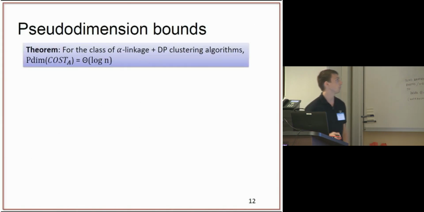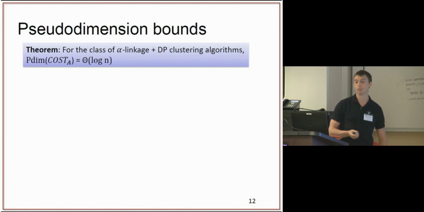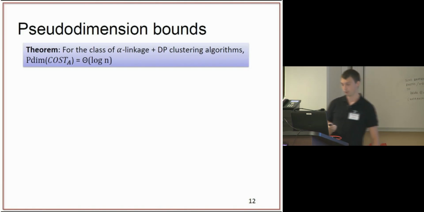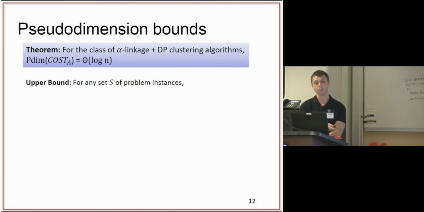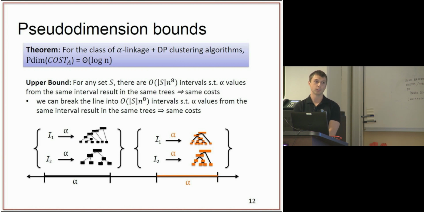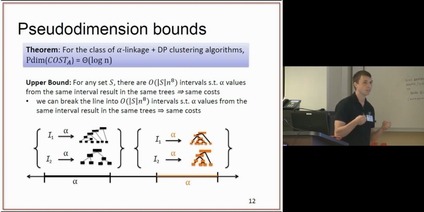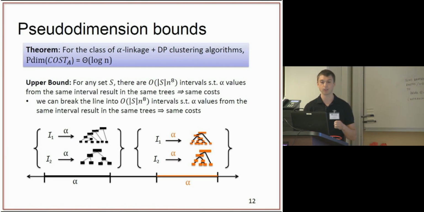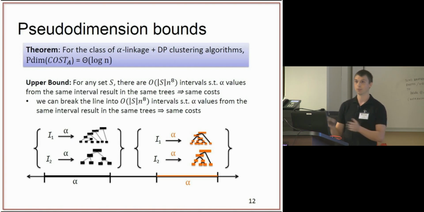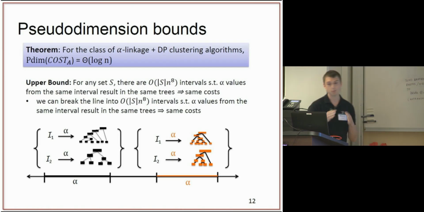And we can show that the pseudo-dimension of this class of algorithms is theta log n. I'll just give a really quick idea of the upper bound. If you analyze the decision points in the algorithm, we can show that there's just n to the 8th intervals from 0 to 1, such that if you fix some interval, run alpha linkage for any alpha in that interval, the output for the algorithm is going to be the same.